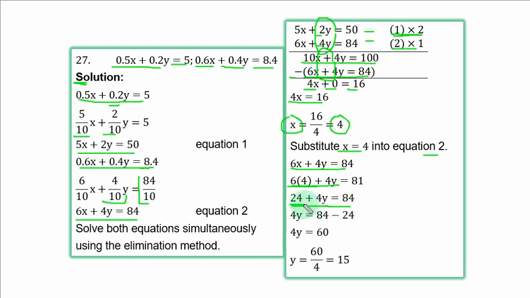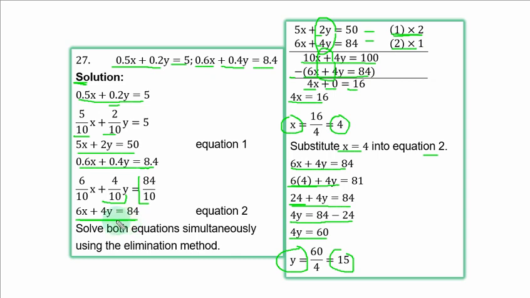You transfer this term to the right hand side and you have 4y equal to 84 minus 24, and 4y is equal to 60. To get y, divide both sides by 4 and y is equal to 15.